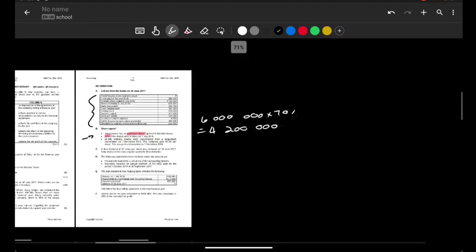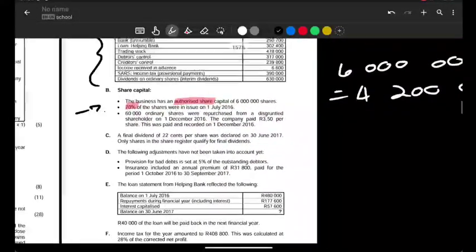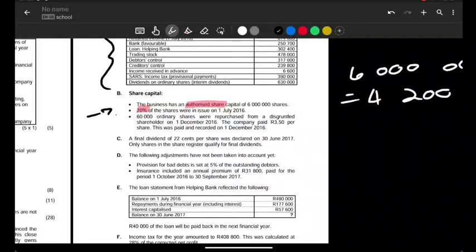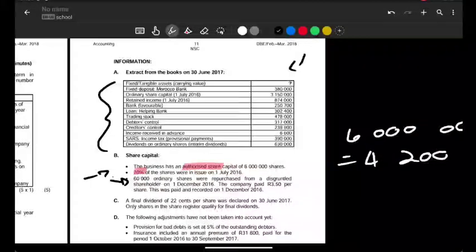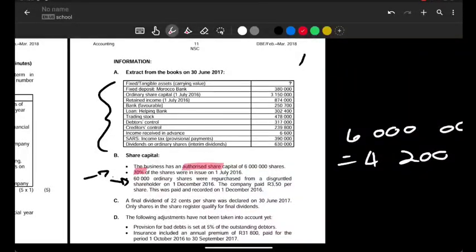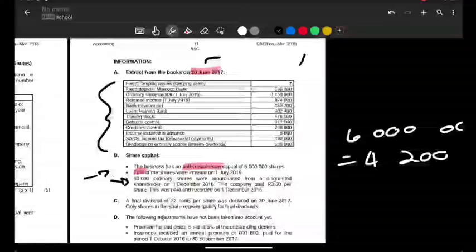Now, did they give us the amount of the shares, the rand value? They didn't, right? Here in the last point, they're just moving on to say shares were repurchased. So what we do is we look at our extract, but now this extract tells us it's from June 2017. This is the end of the financial year, right?